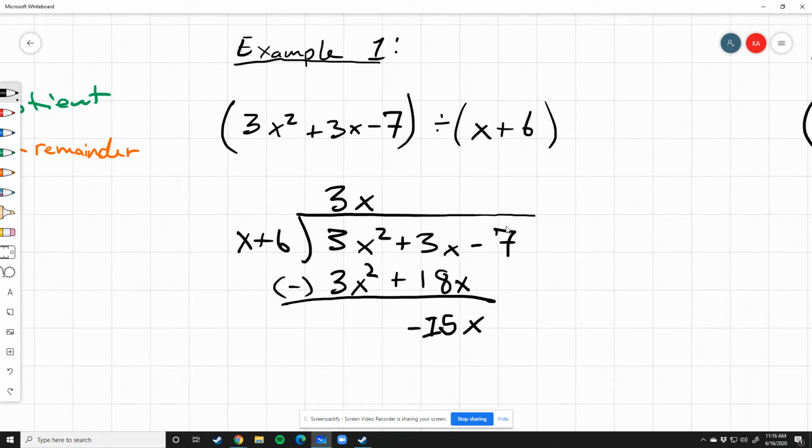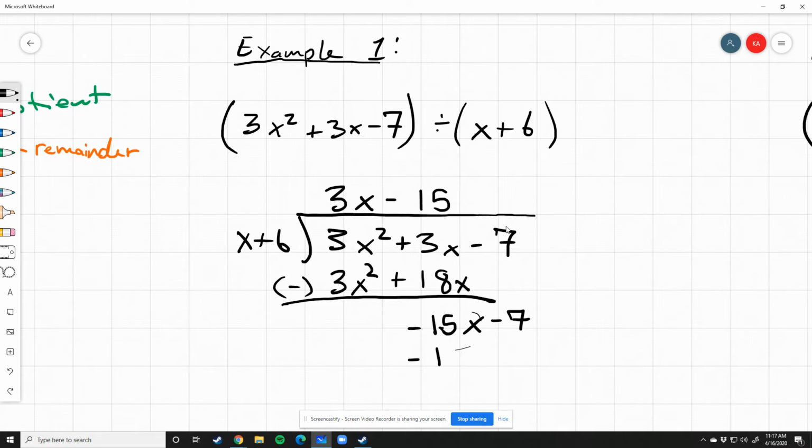And just like in long division, we will drop the negative 7 down to make the new line. I don't like the way this one looks. I'm going to fix that really quick. And now we're going to ask ourselves, what times x makes negative 15x? And I'd say, well, x times negative 15 makes negative 15x.